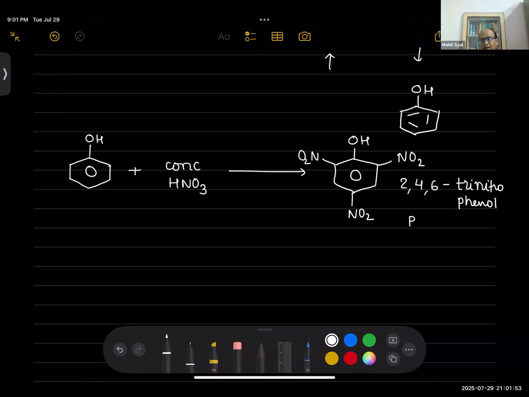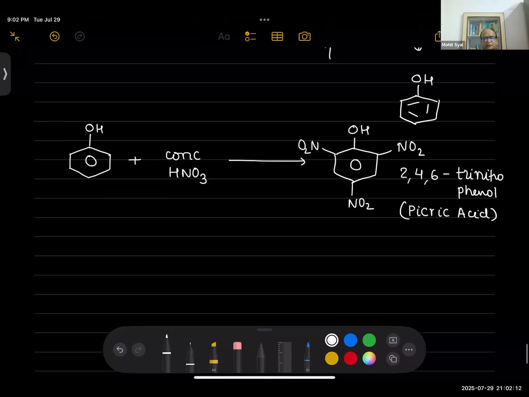Its common name is picric acid. Got it? So this is the nitration of phenol. I hope all of you are comfortable with it.